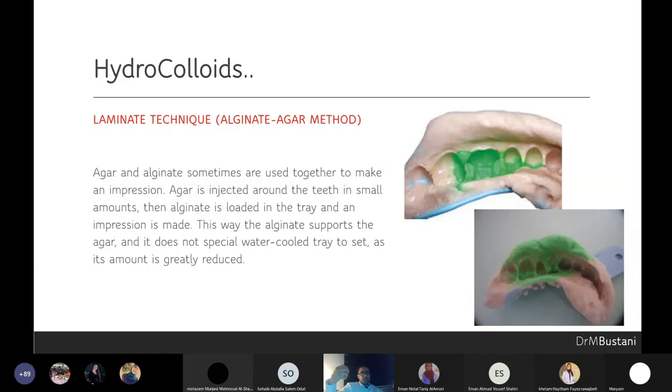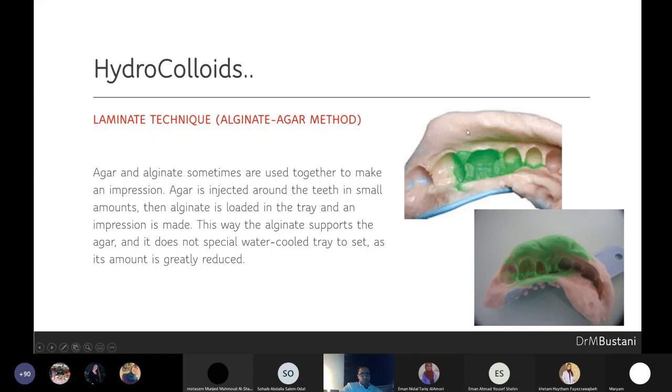The alginate will be loaded in the tray, and the agar will be syringed around the tooth in question. When you have a crown prep or something, you will syringe it around the tooth, and the alginate will be loaded in the tray. Then you insert it over the agar. The agar and alginate will stick to each other.